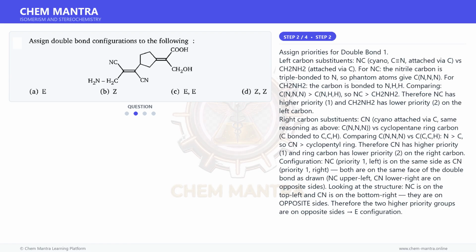Therefore, NC has higher priority, 1, and CH2NH2 has lower priority, 2, on the left carbon.